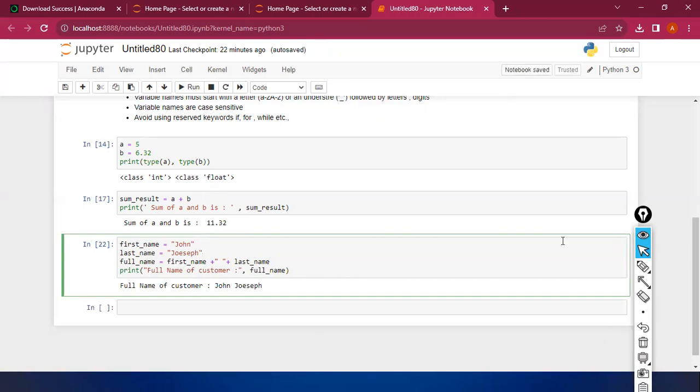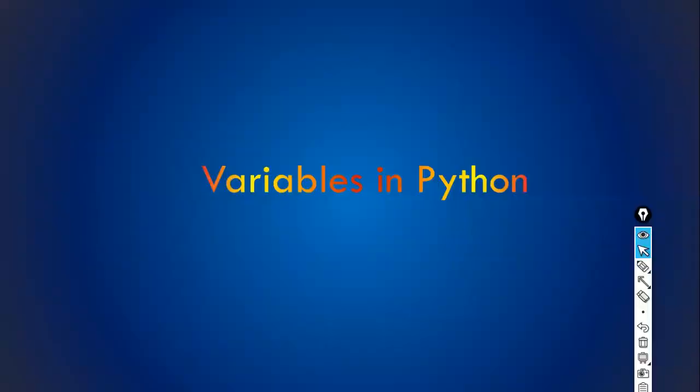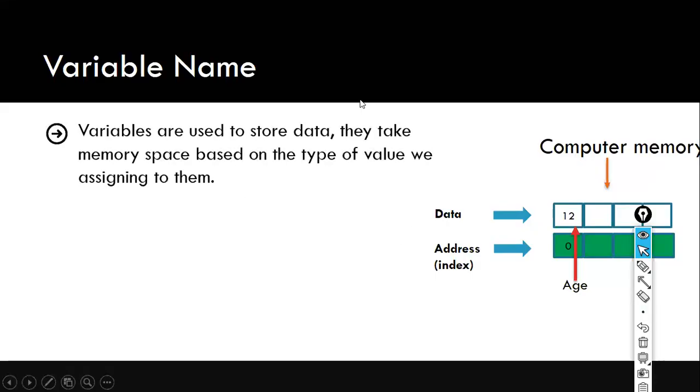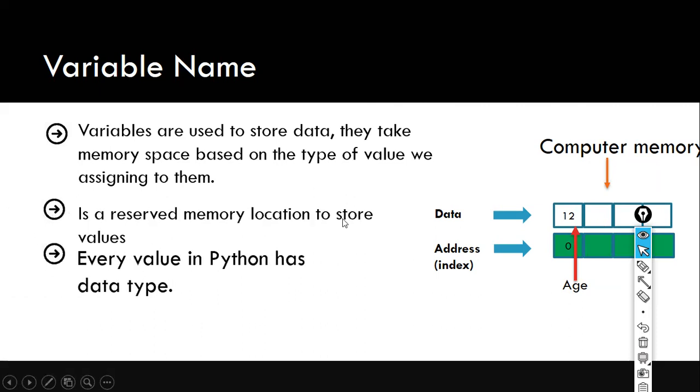And now let us take a look at a couple of other things in the variables. Let's see what is there in store. Variables, yeah. So variables are used to store the data. So this is how the data will get stored in memory. Okay, the variables are used to store data that take memory space based on the type of value assigned to them. It is a reserved memory location to store values.